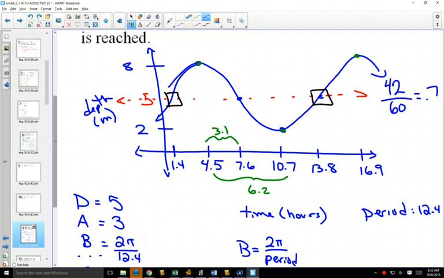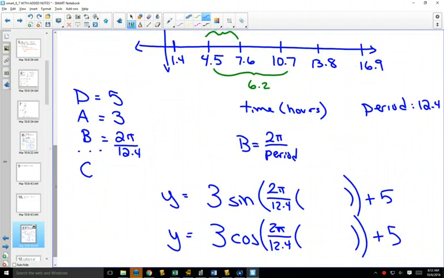But if you looked in the answer key at the back of the book, you might have seen x minus 1.4, and now you know, oh, that's what they did. That's how they came up with that answer. And that is in the middle going up, so that's a positive sine graph, so we don't need to put a negative in front of the 3.